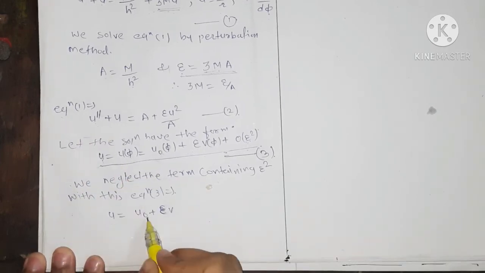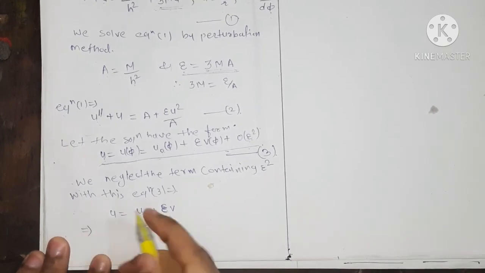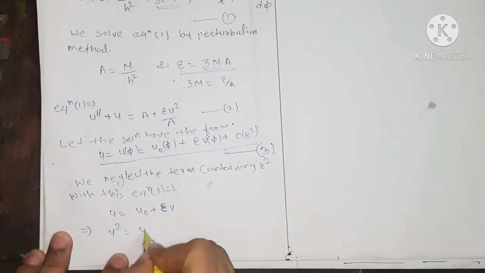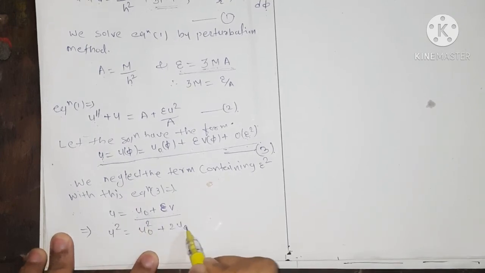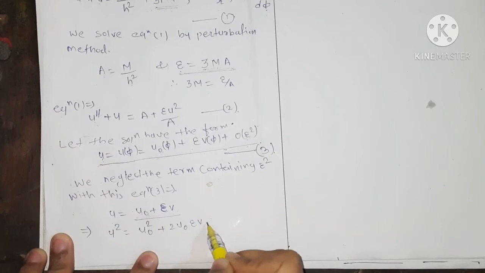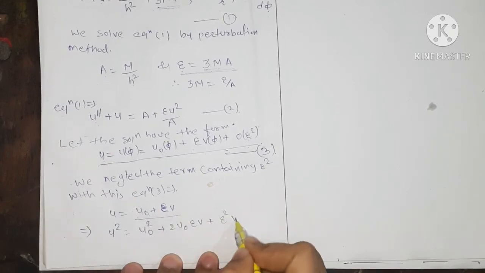So u equals u0 plus epsilon v implies u square equals u0, the square of this term. So u0 square, what is the square of this term? This is nothing but u0 square plus twice u0 epsilon v plus epsilon square v square.